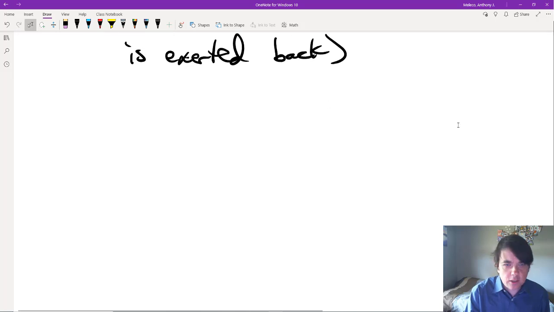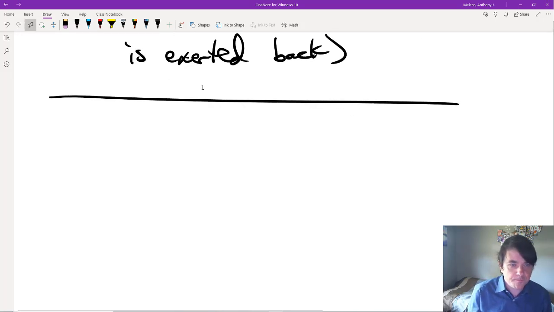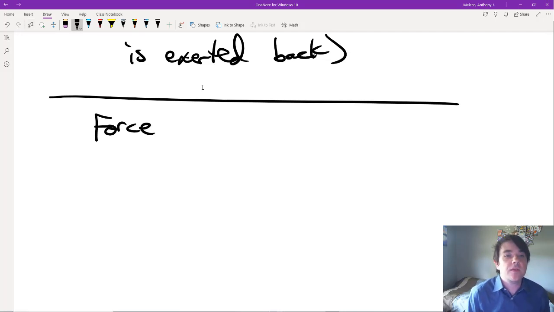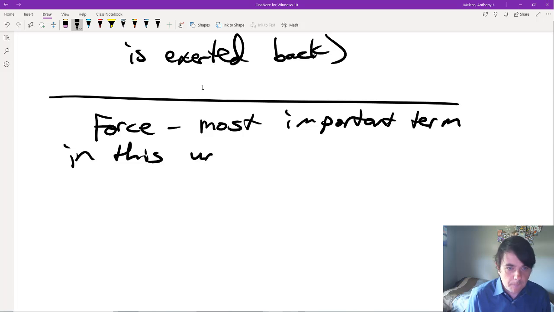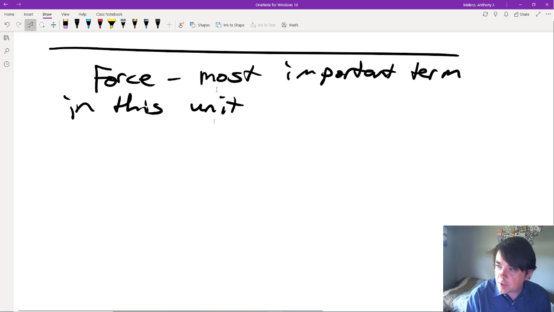So let's define some more stuff. We need to talk about force. This is the most important term in this section. Everything we do will involve force, so let me redefine it.